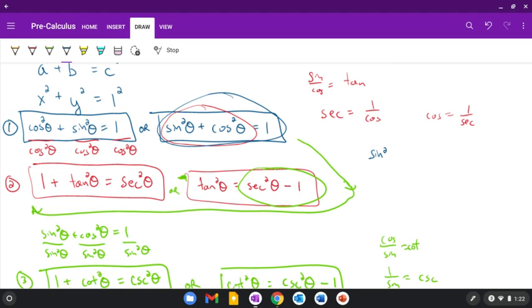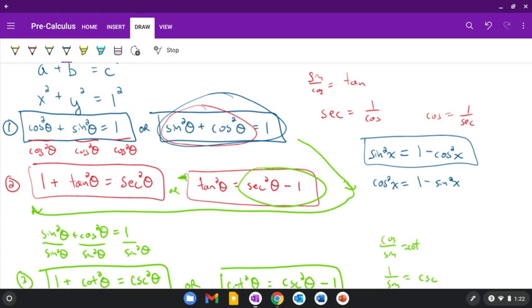So I'm going to write this as sine squared x equals, and then I'm just going to subtract that over, 1 minus cosine squared x. So I've just solved for sine squared. You could even add that to your list if you want to. In the same way, cosine squared x, if you solve for that, would be subtracting the sine over, so it would be 1 minus sine squared x. So you can manipulate these in any way necessary.